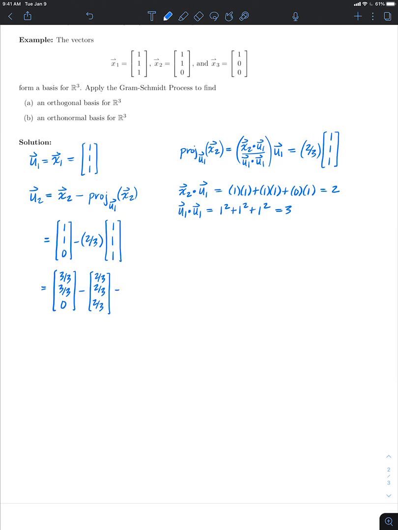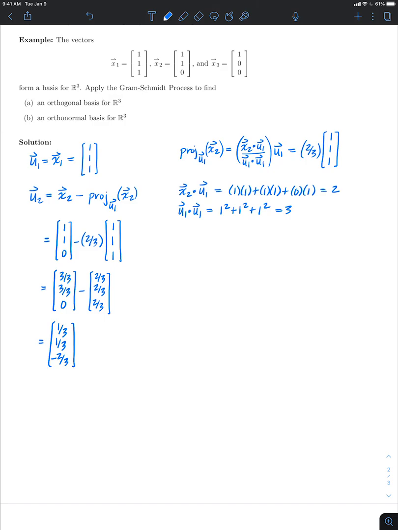Okay, so what that'll give us, in the first coordinate, we'll have 1/3. Then in the second coordinate, we'll have 3 minus 2, which is 1/3 again. And then in the third coordinate, we'll have negative 2/3.